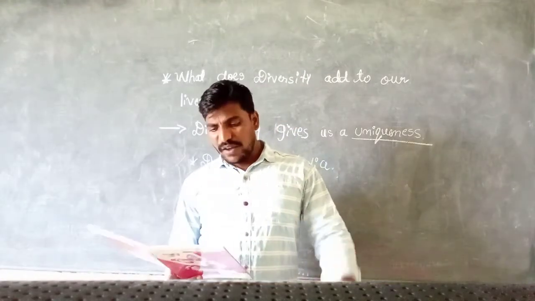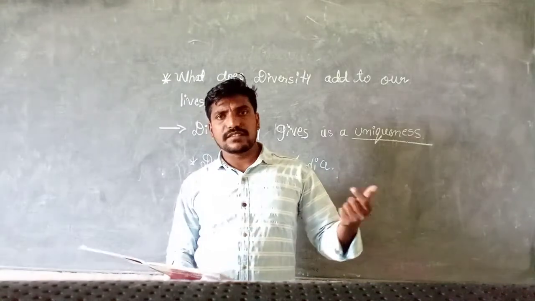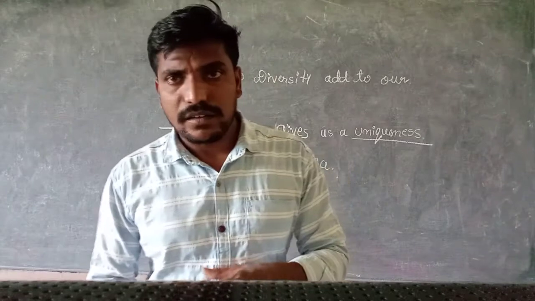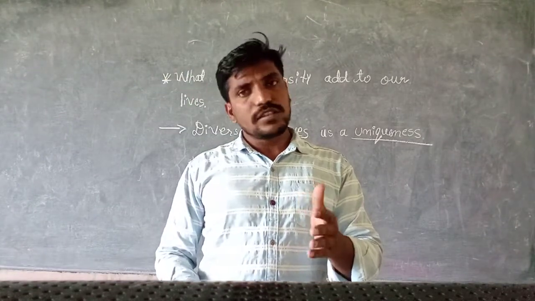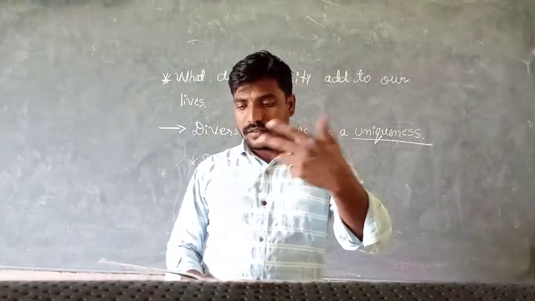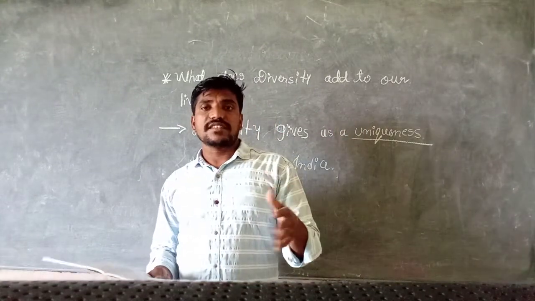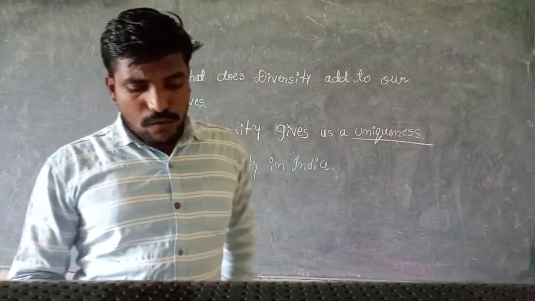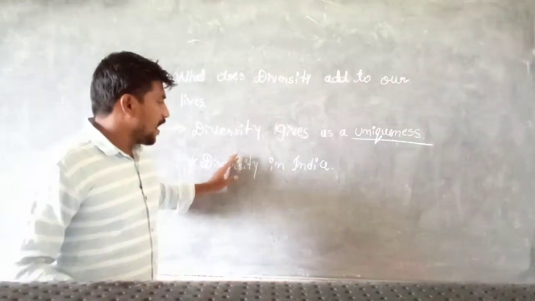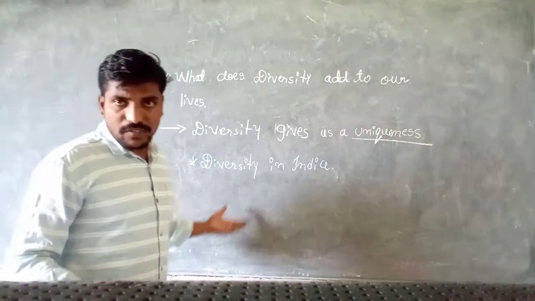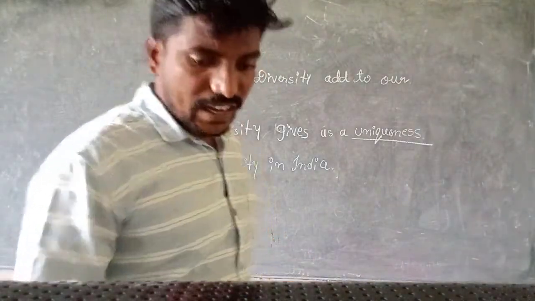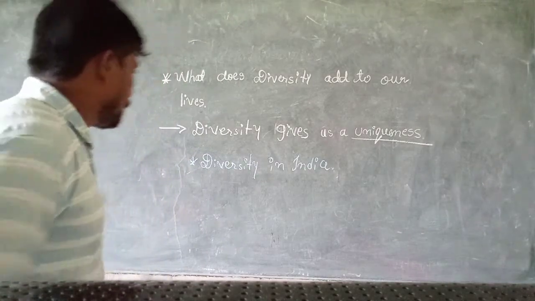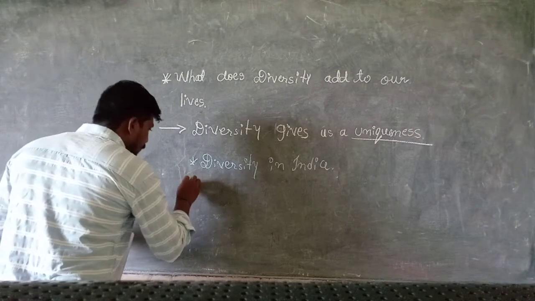So the way of thinking will be similar, but if you compare with diversity, so much diversity we can see in India compared to other countries. So our first point: in what ways is India different from others? Why the diversity in India, right? Among the first points, the different ways in which people pray. This is very very important and the first point.